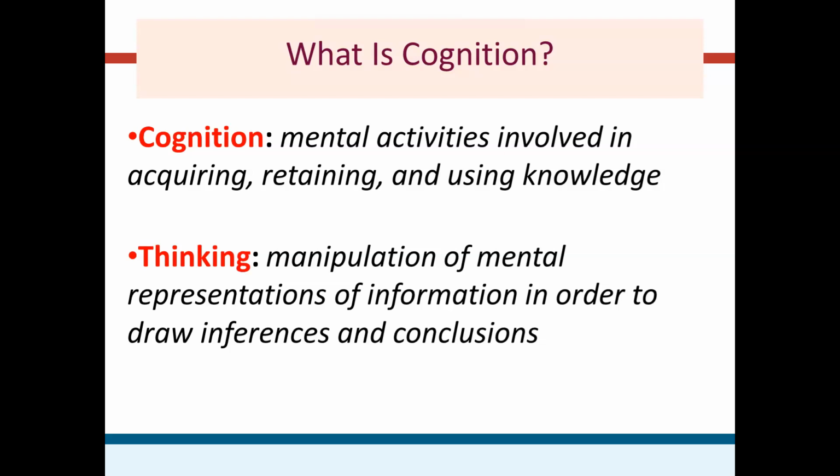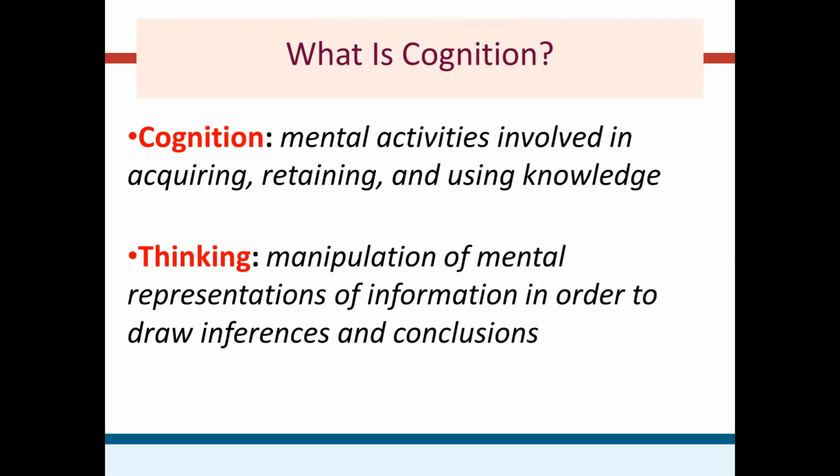The second term on this slide is thinking. We've already talked a little bit about this, but here's a more formal definition. Thinking is the manipulation of mental representations of information in order to draw inferences and conclusions.